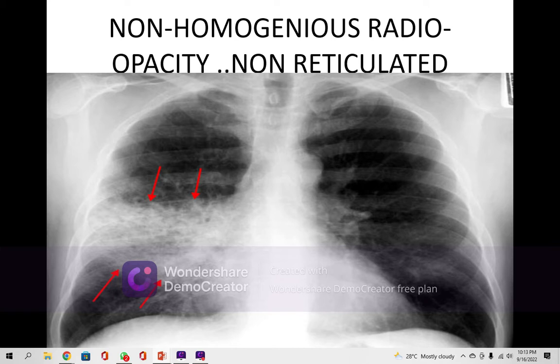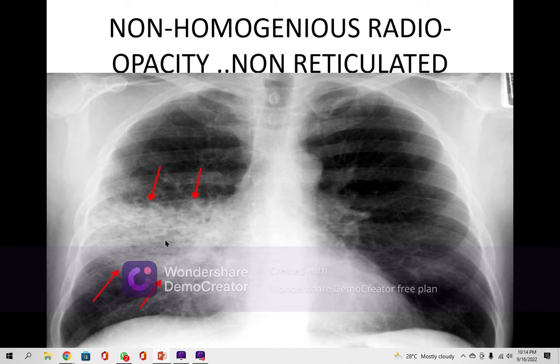The non-homogeneous radio opacity, which I call non-reticulated, is an example of this. Let's see here, it is an opacity, but there are a lot of dark patches in it. This is called the air bronchogram pattern. It is the right middle lobe. It is the gray hepatization of the consolidation.